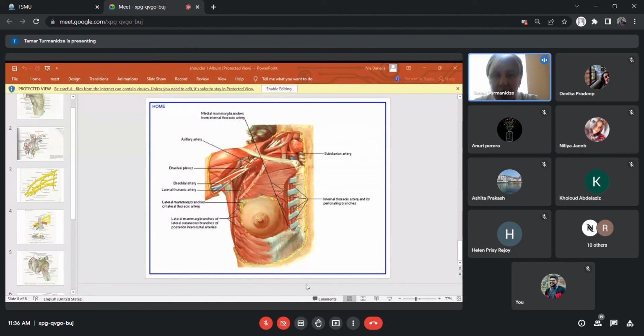Also, what complication may develop? It is located behind the trachea.